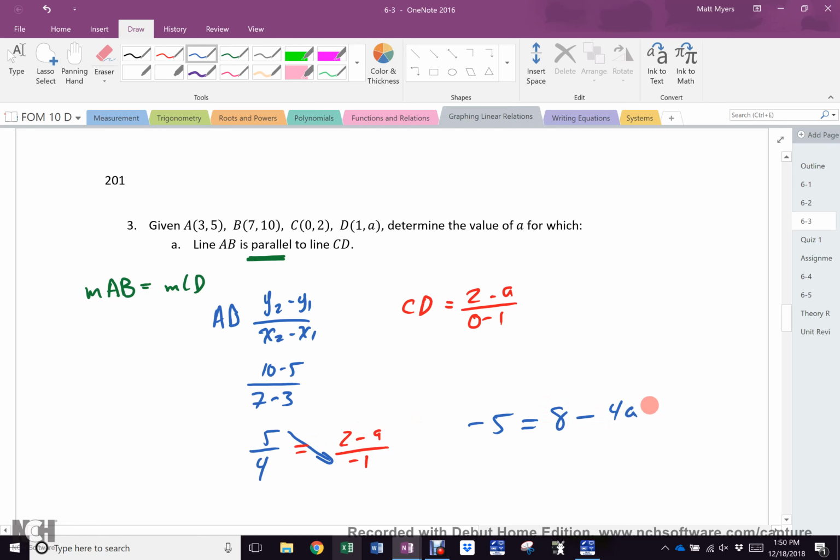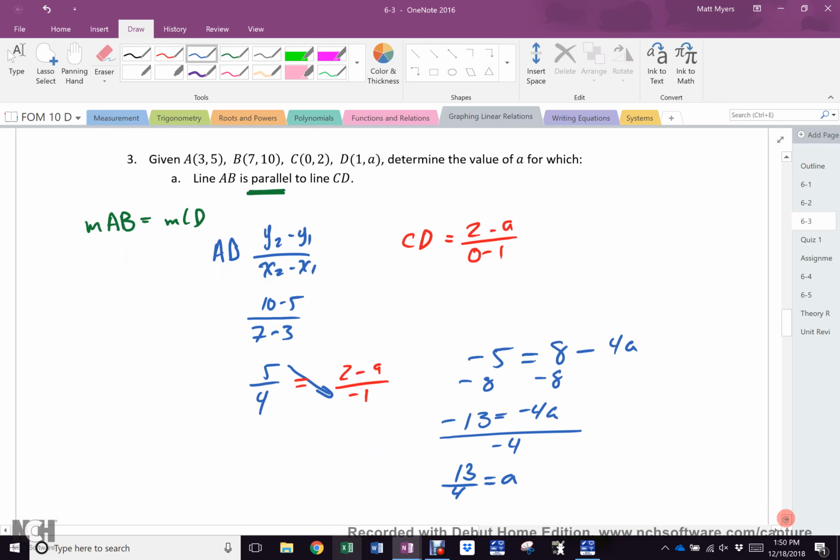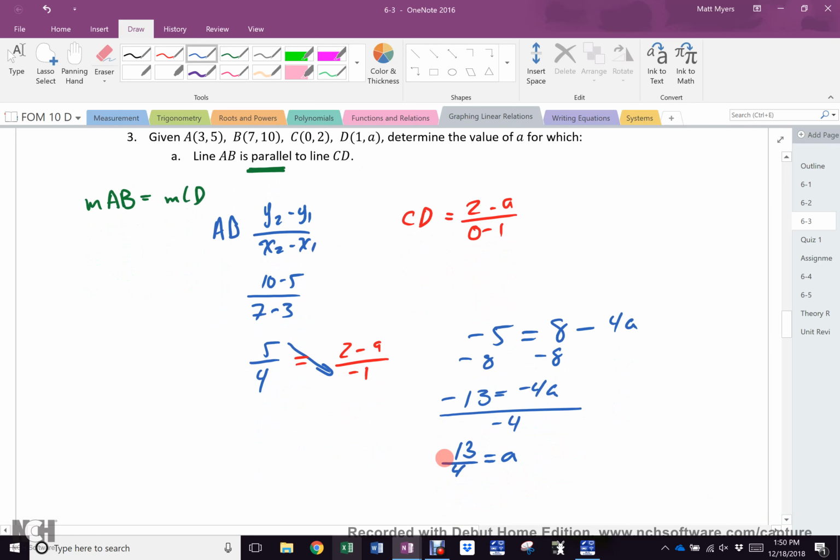Then what? Cross multiply. 5 times 2, 10. 10 minus 5A equals 4. And what do I do? Get rid of 10, so subtract 10, minus 10. Negative 5A equals negative 6. So A equals negative 6 over negative 5, because the two negatives will make a positive, 6/5.